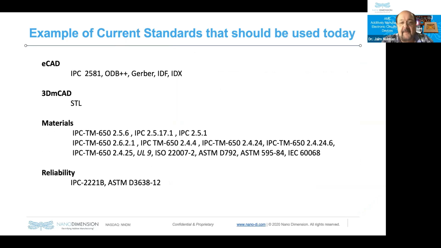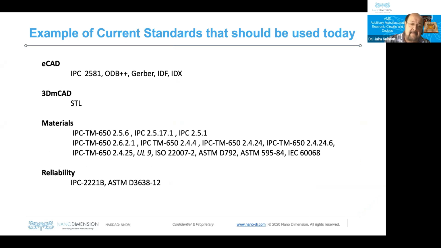So from standards, basically, we have quite a number of them already in place, which are applicable to AME and should be used in the AME, from the ECAD, not only from the IPC 2581 and the file standards that have been created, the STL and the 3D MCAD. And then there are a number of IPC, ASTM, and IEC standards that apply to the material side.